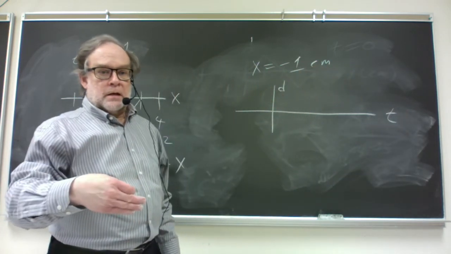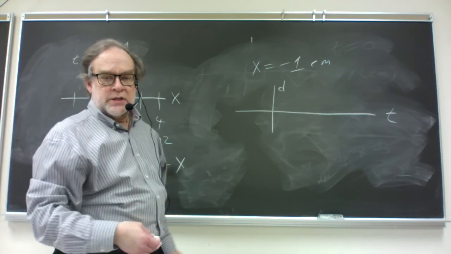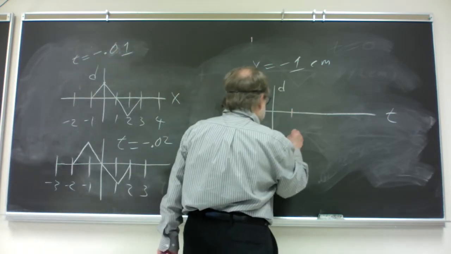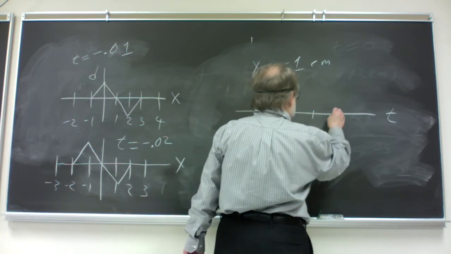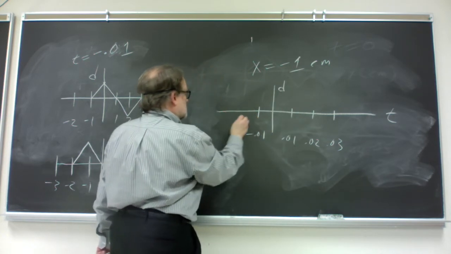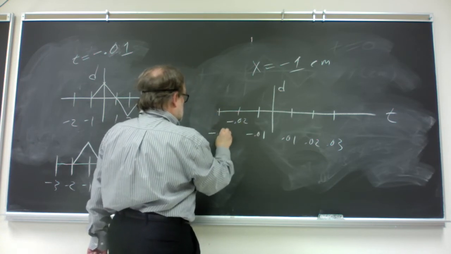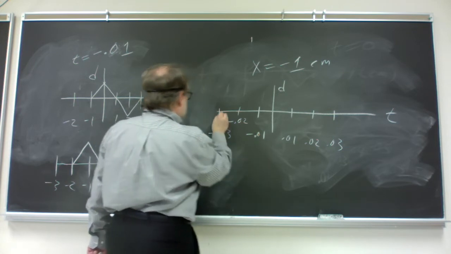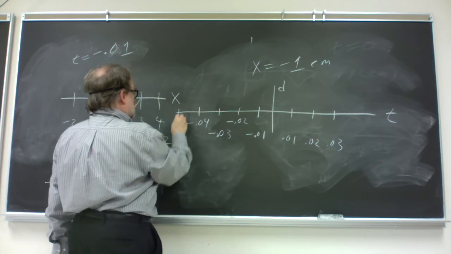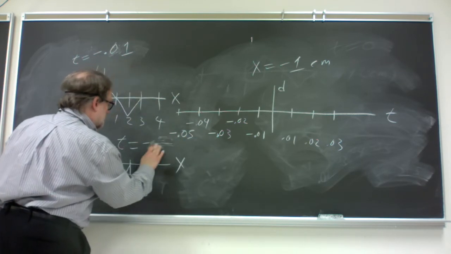And again, since the pulse moves in nice simple 1 centimeter steps in each 100th of a second, we'll make the units on the time axis hundredths of a second.